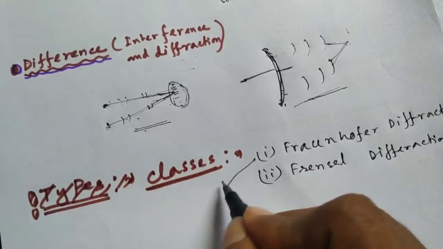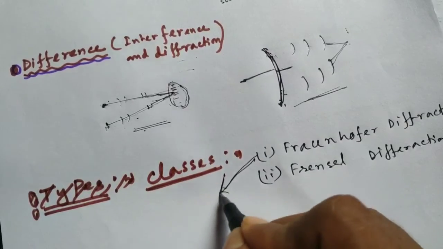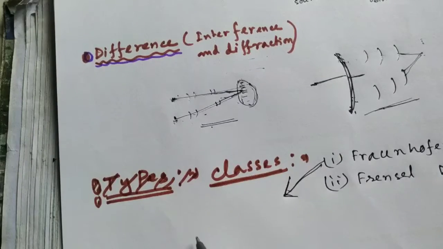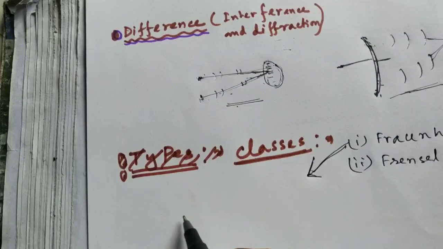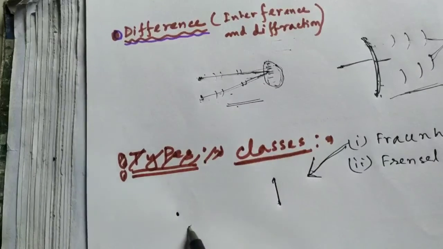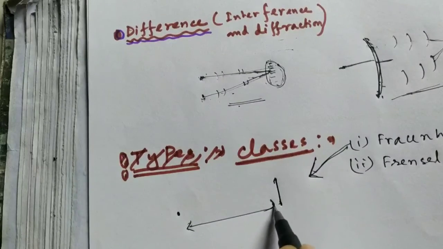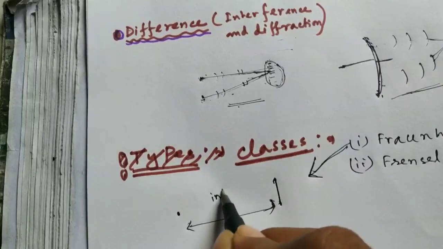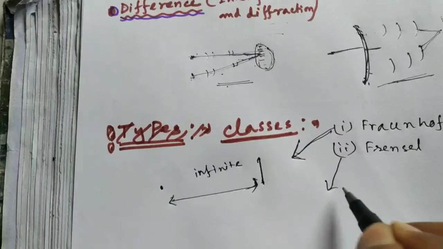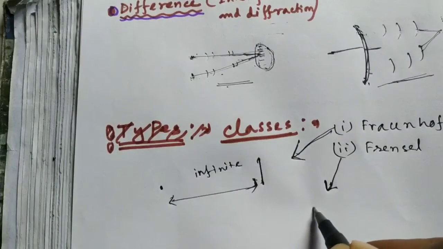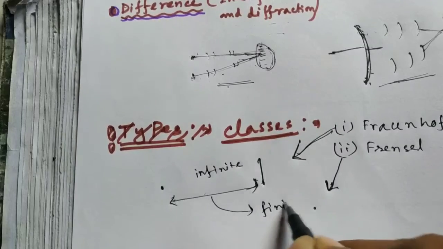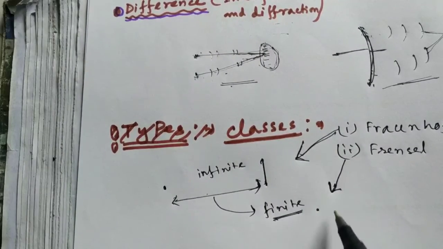What is Fraunhofer diffraction? Fraunhofer diffraction is the type of diffraction in which the distance between the source and the screen is infinite. In Fresnel's diffraction, this distance is finite, actually small.